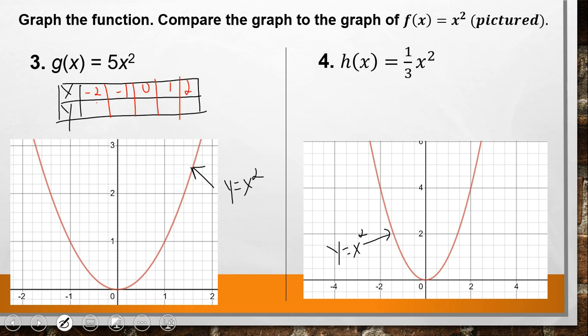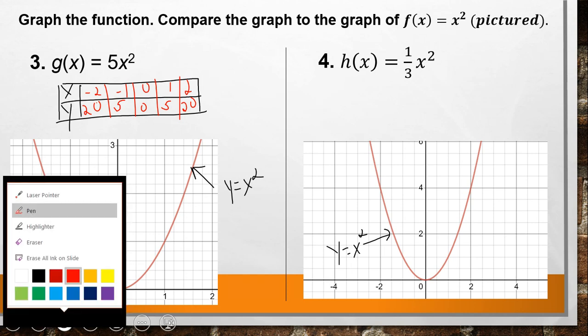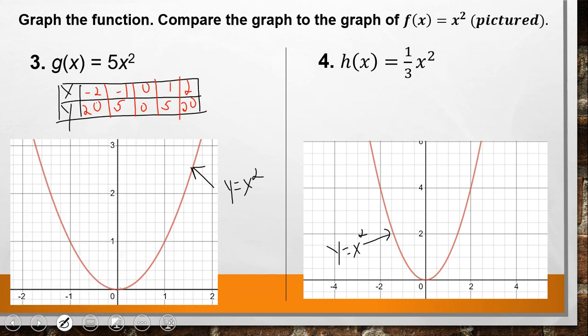So if we plug in negative 2 squared is 4. 4 times 5 is 20. So 20, 5, 0, 5, and 20. So our new graph, which I'll do in blue, 0, 0, 1, 5 is not even on the graph.